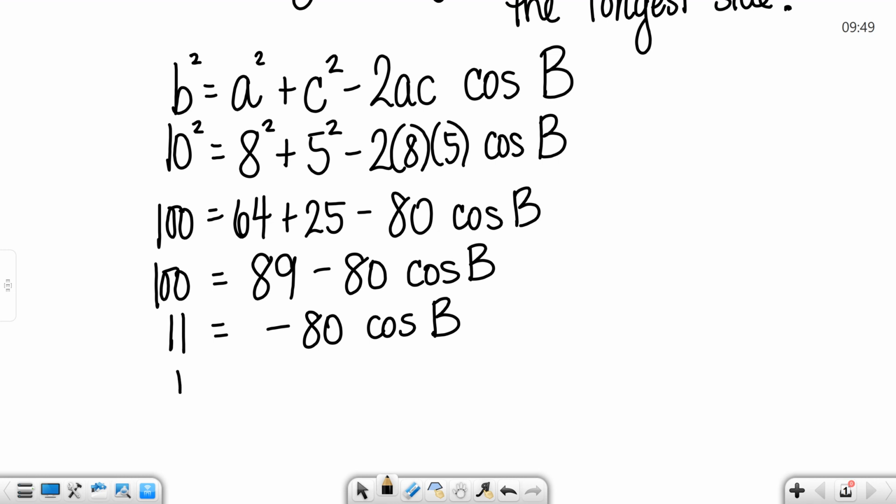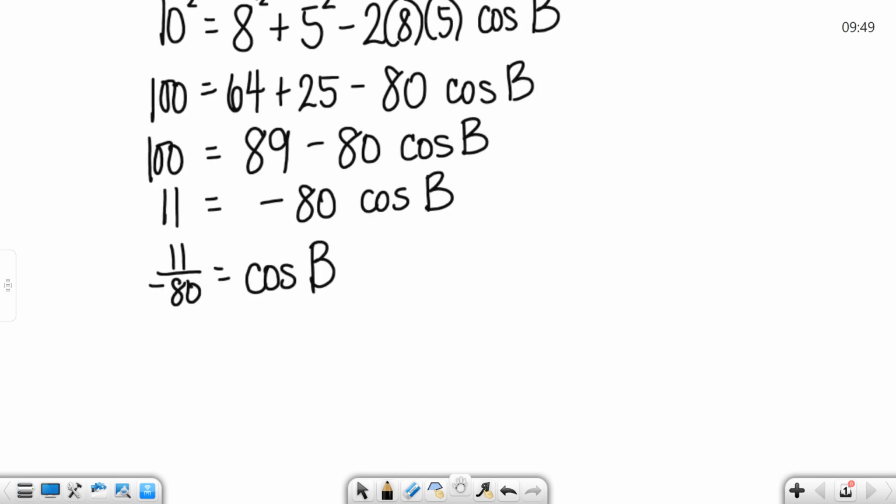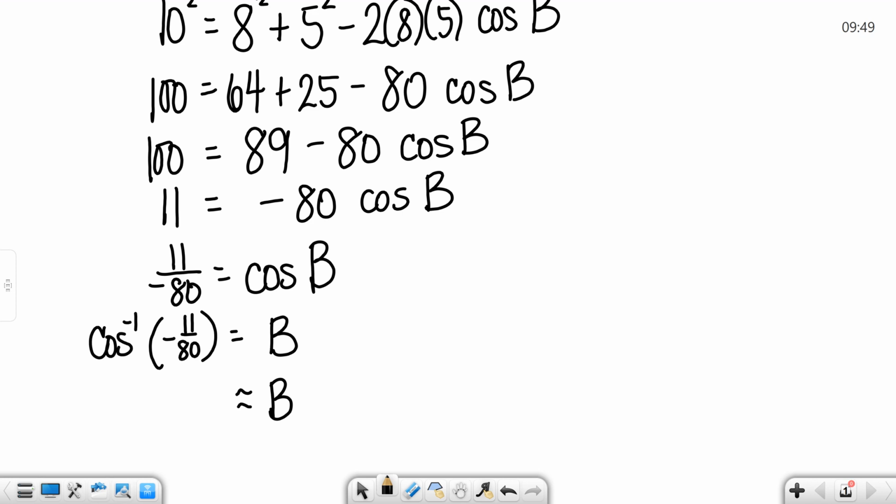So I'm going to divide both sides by this negative 80, and I'll get my cosine of B. All right, so B is going to be the inverse cosine of negative 11 over 80. And you can actually type that in your calculator just like that. And we get that B is 98 degrees.